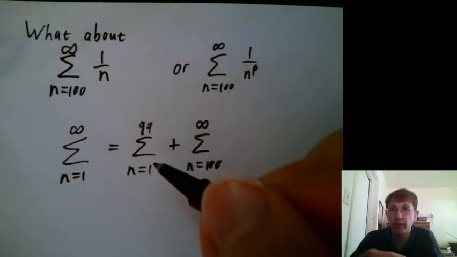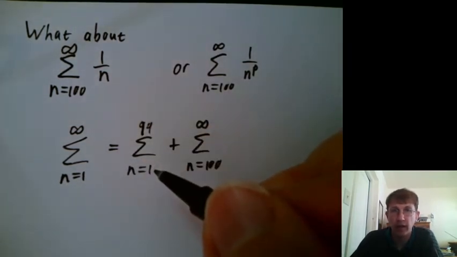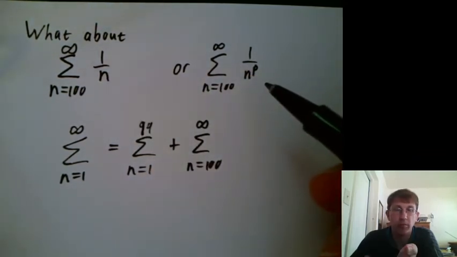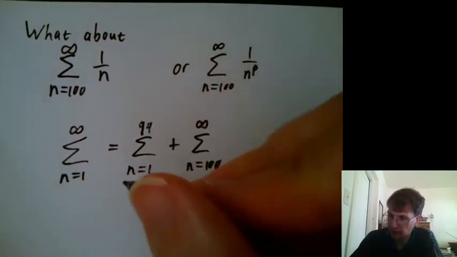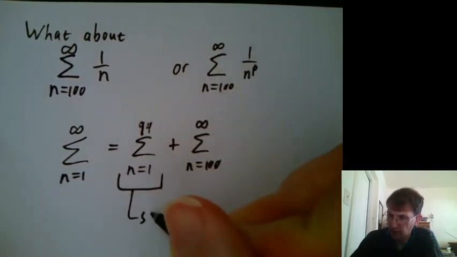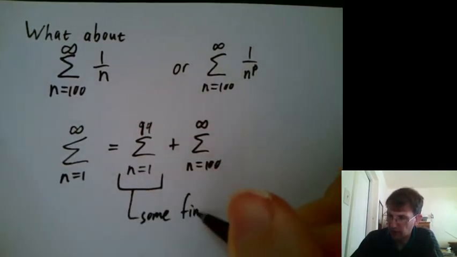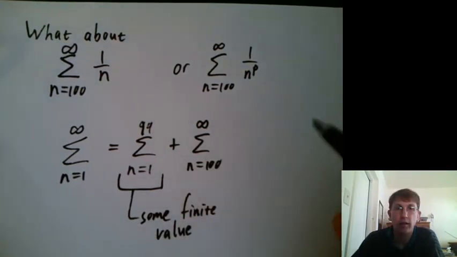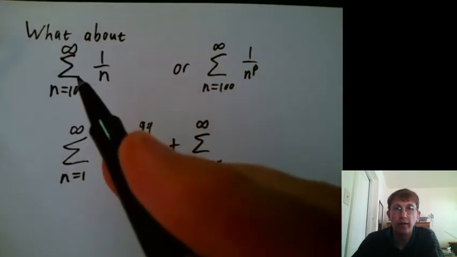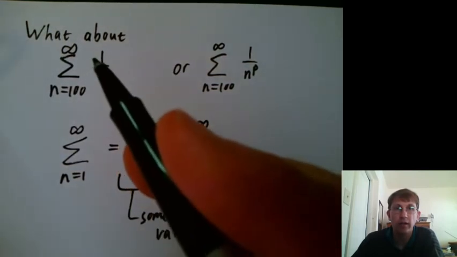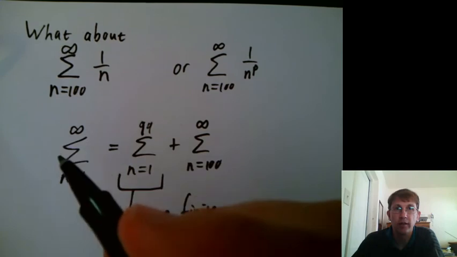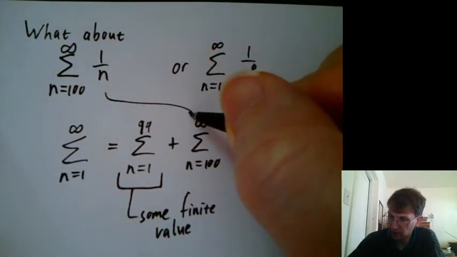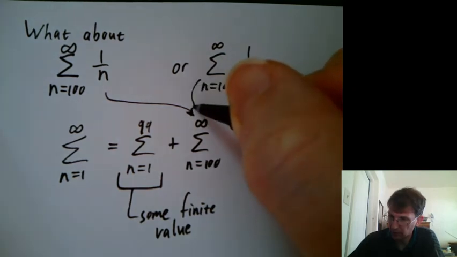And this is just the sum of 99 different numbers, and if they're 1 over n or 1 over n to the p, each of them is just a plain number, no infinities in there. So this is just some finite number. So if you had this, you could say, well, that's just the original series plus some finite number. So we could say this or this is like that one.